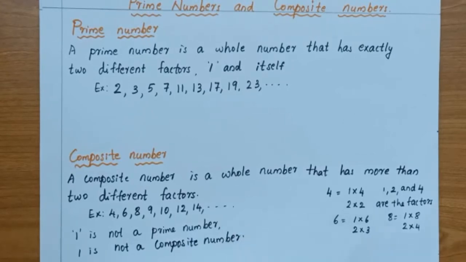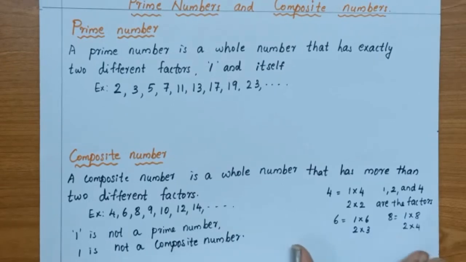That means 1 is neither prime nor composite. 1 is a neutral number because 1 does not have 2 different factors. That's why it is not a prime number. 1 you can see only in table 1. It is having only one factor, that is 1. That means 1 is not a prime number and also 1 is not a composite number.